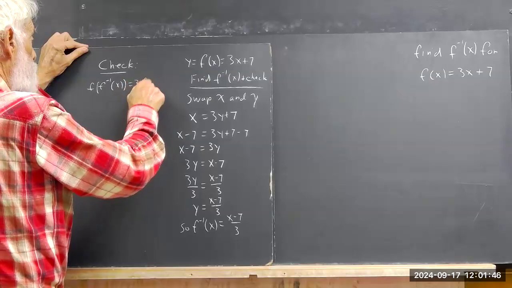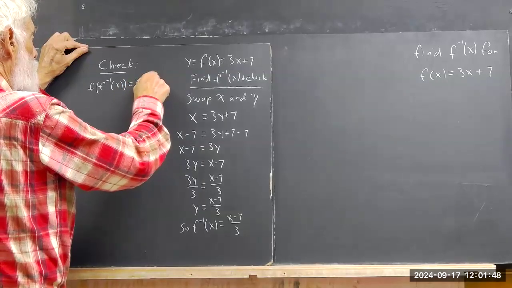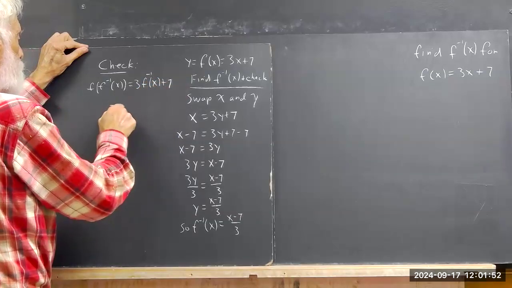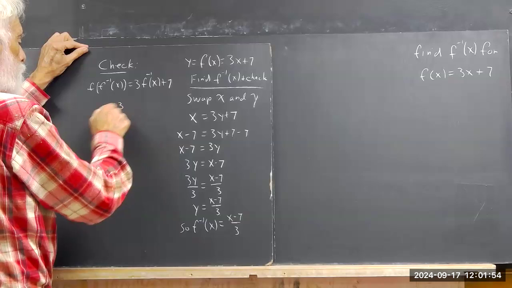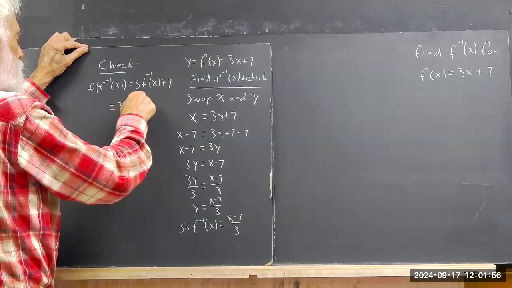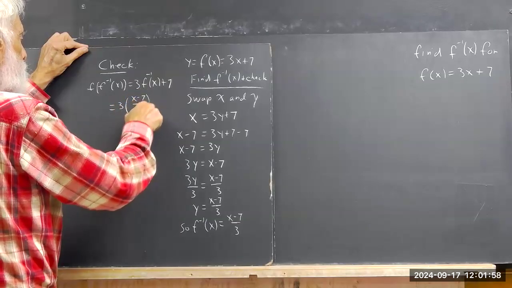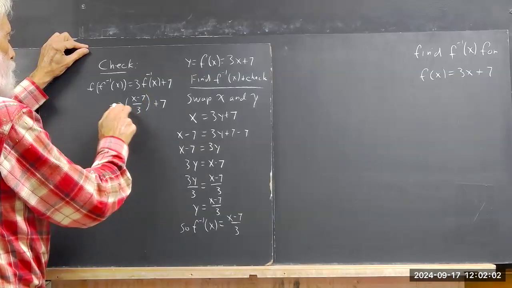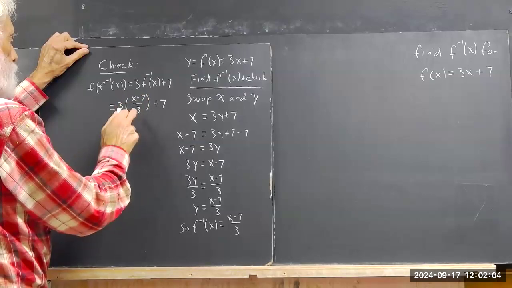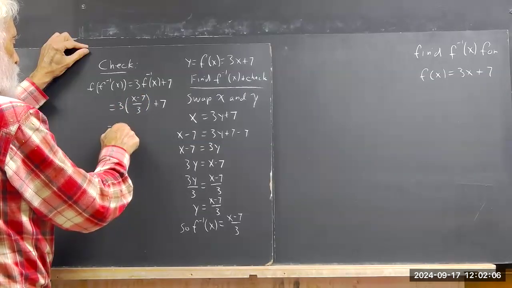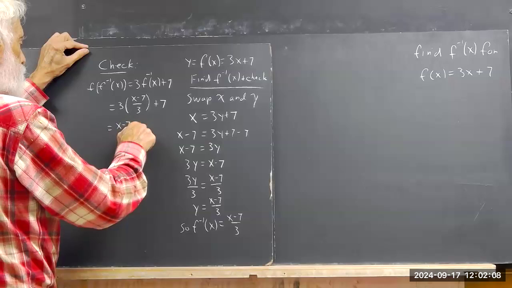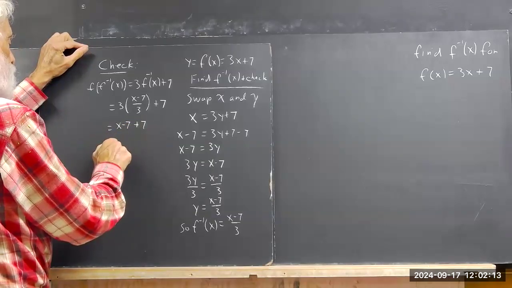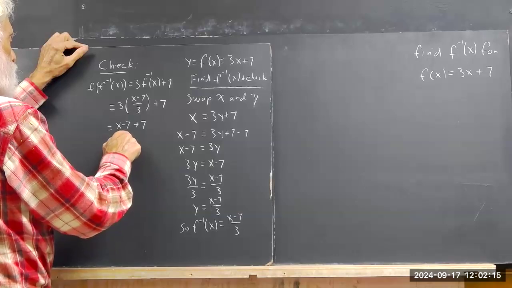That gives us 3 times f inverse of x plus 7, which is 3 times x minus 7 over 3, plus 7. The 3 divides the 3, and we end up with x minus 7. Then there's a plus 7, and that's obviously equal to x.